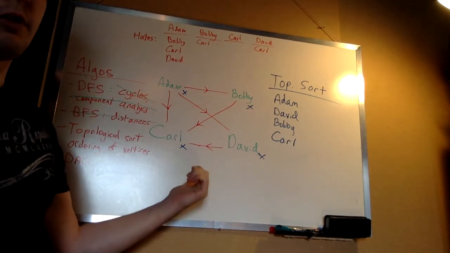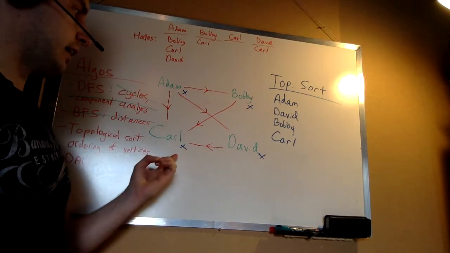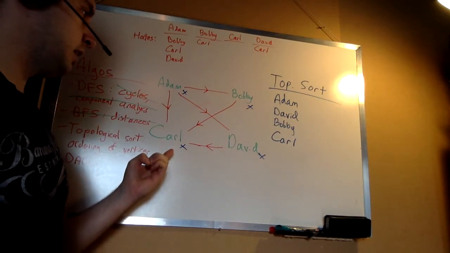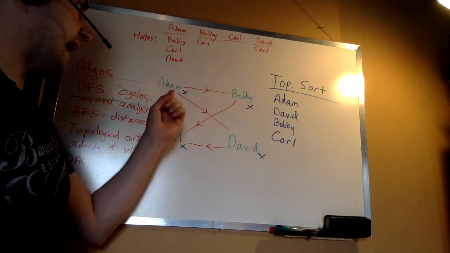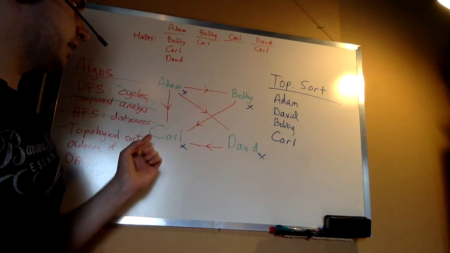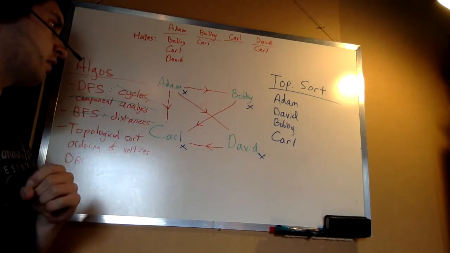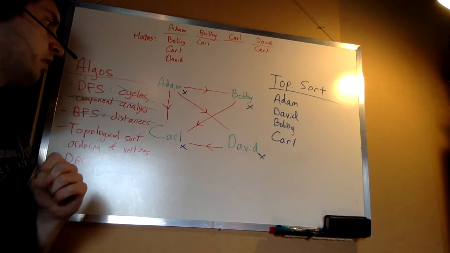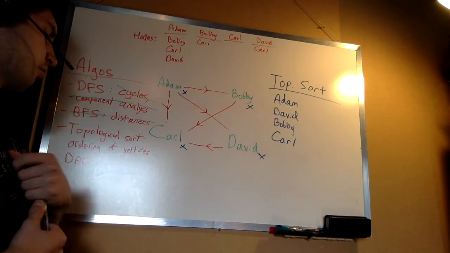And in a way, this is a form of dependency, right? Because David is depending on being ahead of Karl, and Adam is depending on being ahead of everyone else. So it flows very naturally to think of this as a topological sort.